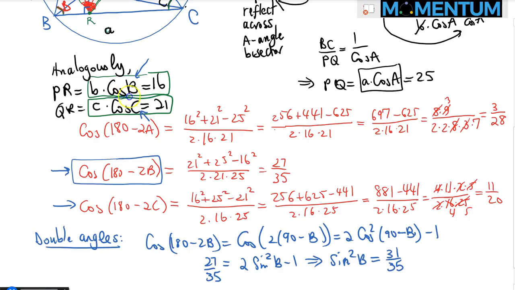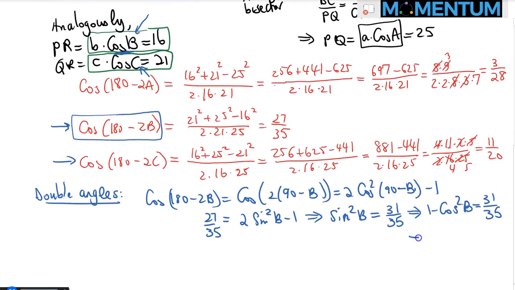But again we needed the cosine b, not sine b, so therefore this would imply 1 minus cosine square of b is just equal to 31/35, and from here that would imply cosine square of b is equal to 4/35, or just taking the square root, cosine b is just square root of 4/35.